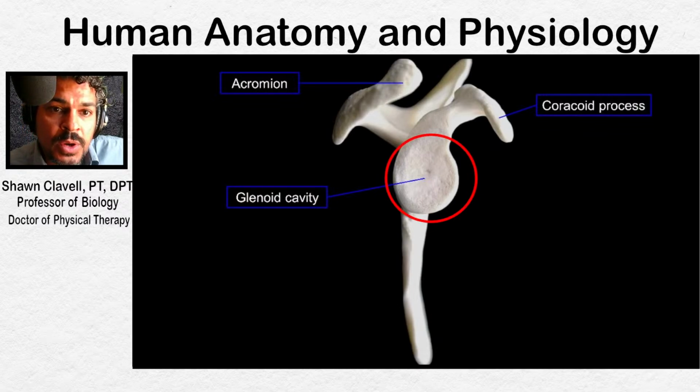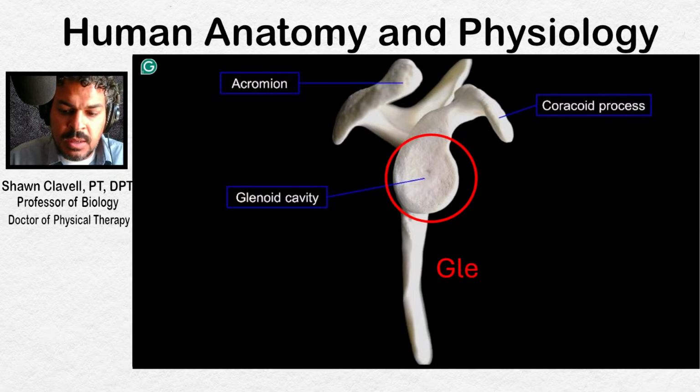And so what you would say is, you type in the box there, let's just say this is the glenoid cavity. We'll make it really big too while we're at it.